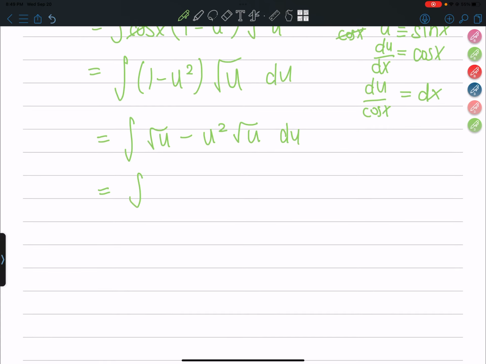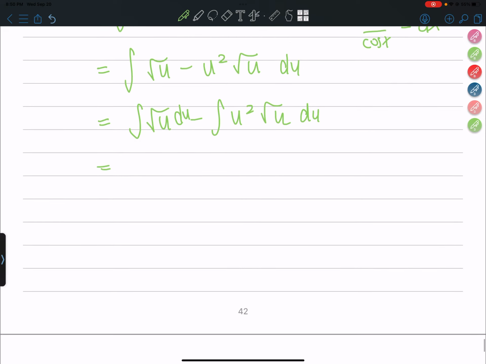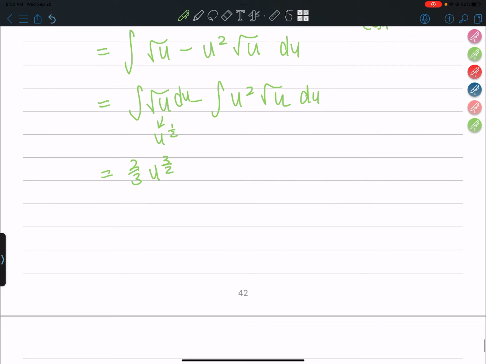And then we can split it up into two integrals. And then this one, we can imagine this as u to the 1/2, right? So the integral of that is going to be u to the 3 over 2 times 2 over 3, because when we derive something like this, we're going to minus 1 on top and bring it down to there.